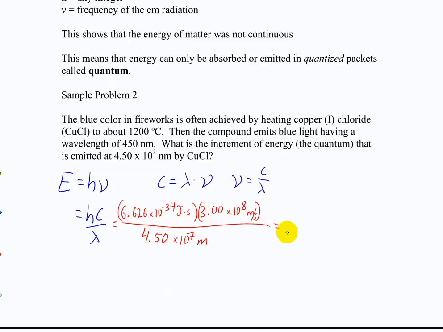Yeah, negative 7. That gives 4.42 times 10 to the negative 19th joules.